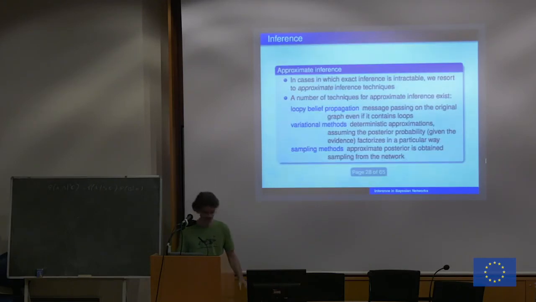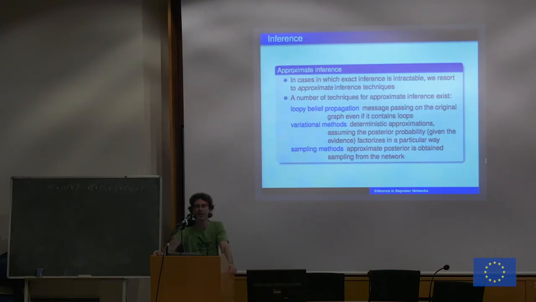Now, this is the reason why people also investigated a lot approximate inference. I will not go into details of approximate inference techniques. I will give you some hints and intuitions on how they work. There are three main techniques. The first two, in a sense, are similar, are from the same kind of class, but they are diverse enough to be distinguished.